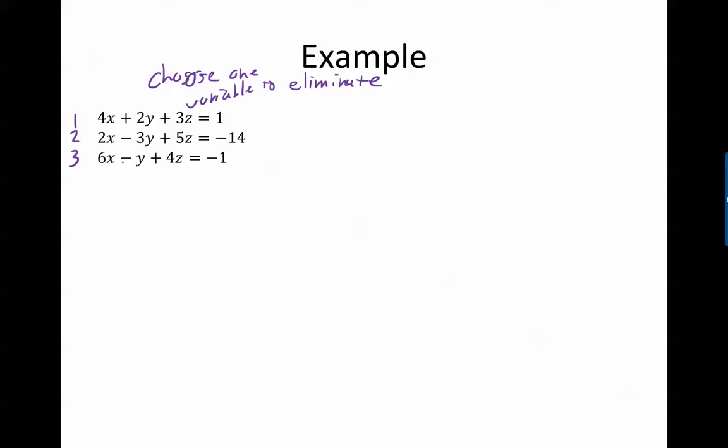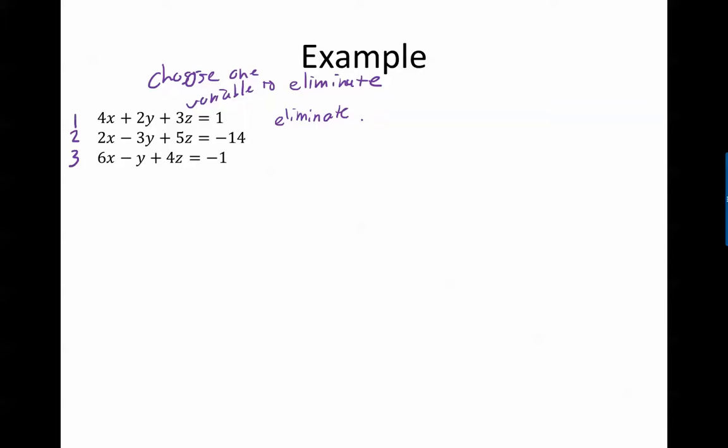Y's don't look too bad because I've got a single y there, so that might be easy. Z's are looking a bit more annoying because I've got a 3 and a 5. They don't share a common factor. A 5 and a 4, they don't share a common factor. I don't want to do z. I want to do the y's, I think. X's would be certainly good as well, but I think I'm going to go with the y's. So we're going to eliminate y.